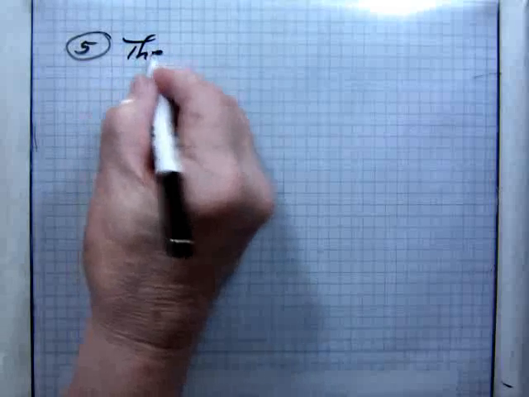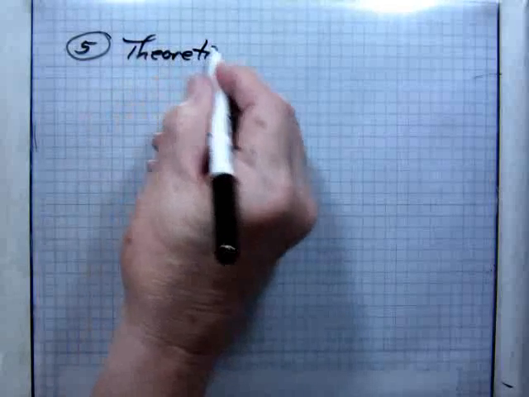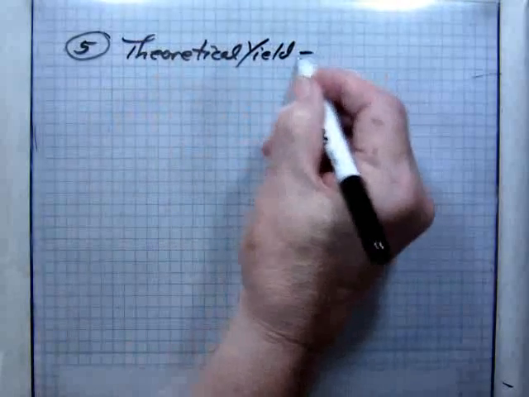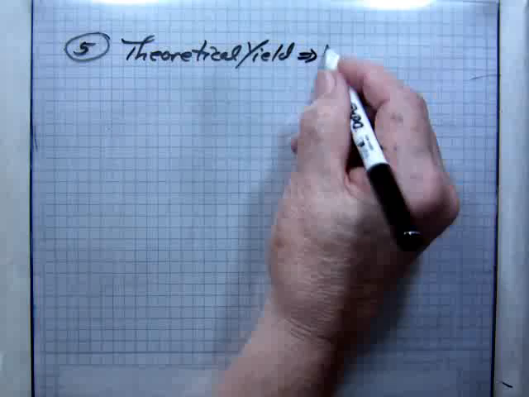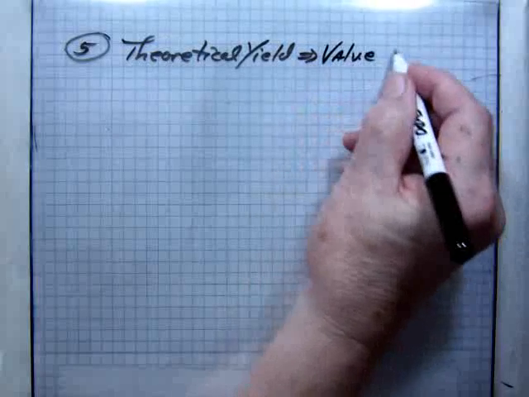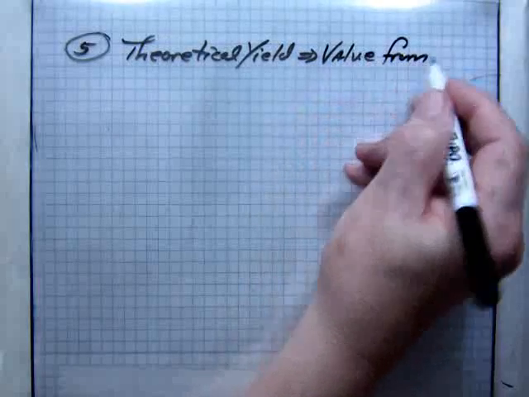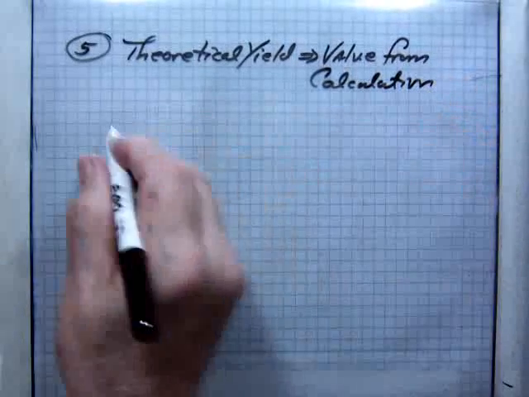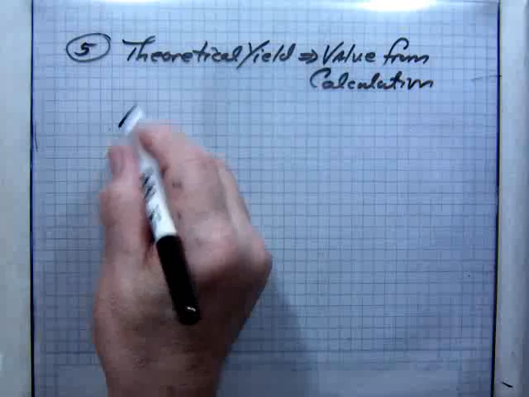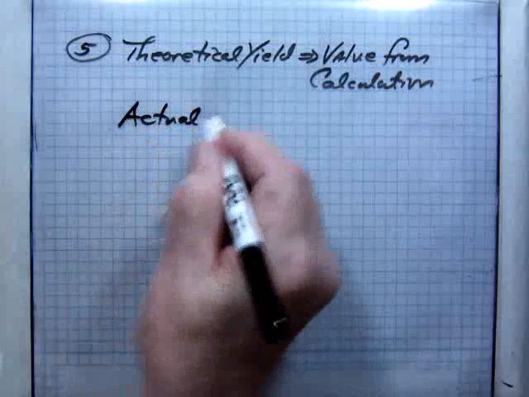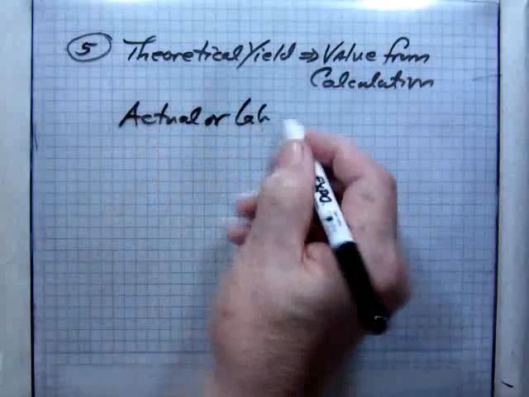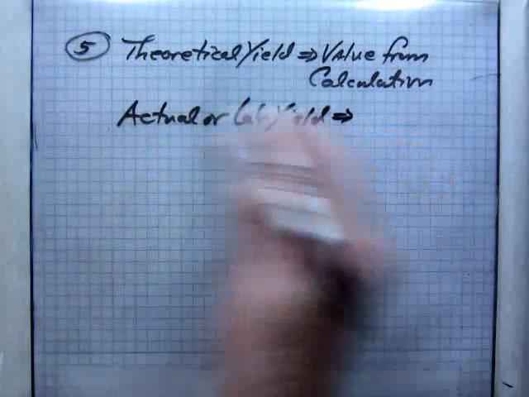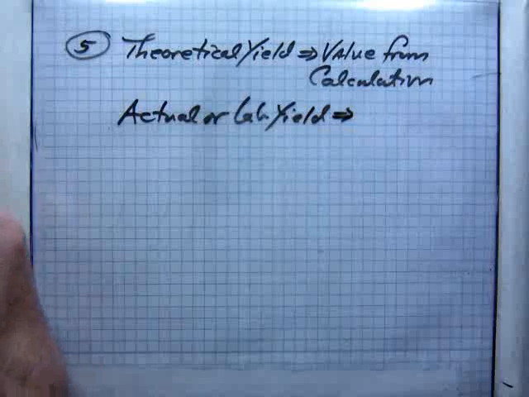Theoretical yield is the value from calculation. Actual, or lab yield, is the reality factor.